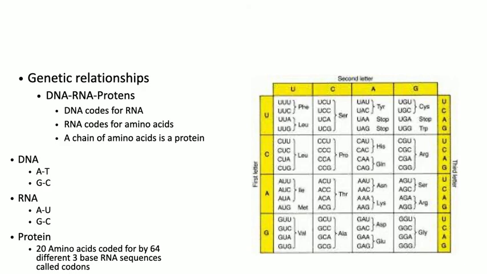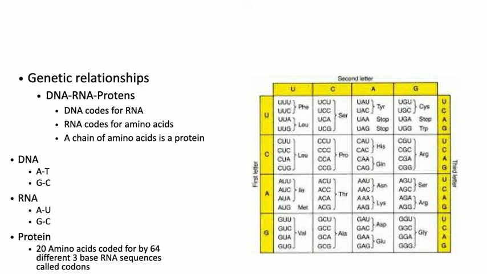The second part of the lab deals with several tests for molecular evidence. You start with genetic relationships. Remember, the central dogma of biology is DNA codes for RNA, codes for proteins. A chain of amino acids is a protein. You are asked to find the DNA pairing. Remember, A pairs with T, G pairs with C. Then, based off that DNA, you are asked to find what the mRNA would be.